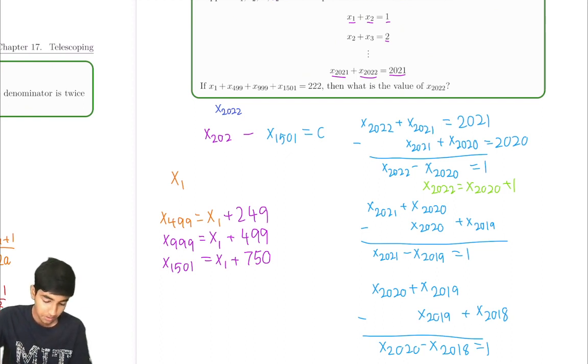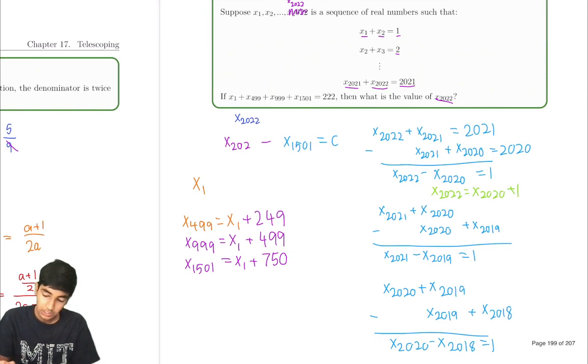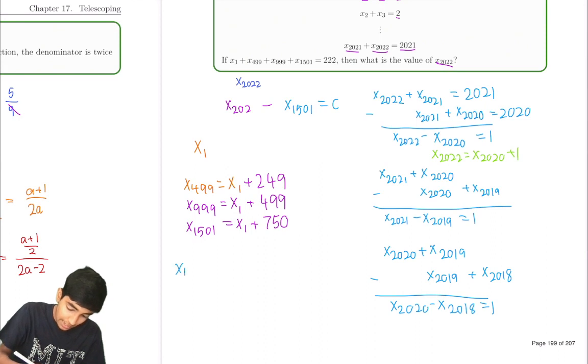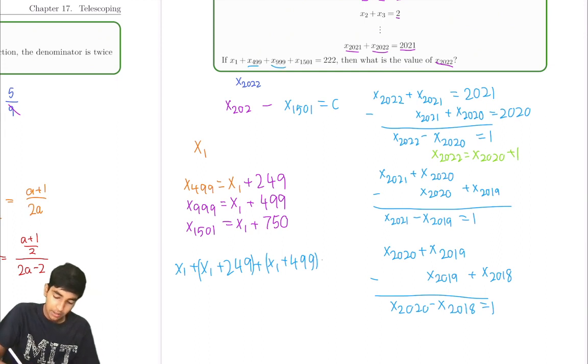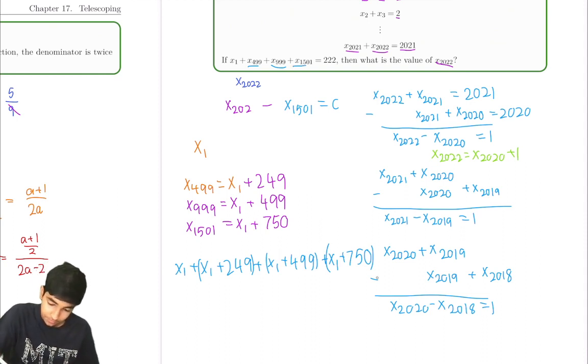Right. So then we're looking for x of 2022, however, in terms of these variables. From here, we can easily find x of 1, right? We can find x of 1 because x of 1 plus x of 499, which is x of 1 plus 249, plus x of 999, which is x of 1 plus 499, plus x of 1501, which is x of 1 plus 750, this is equal to 222.